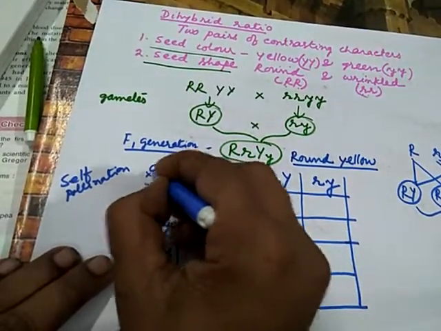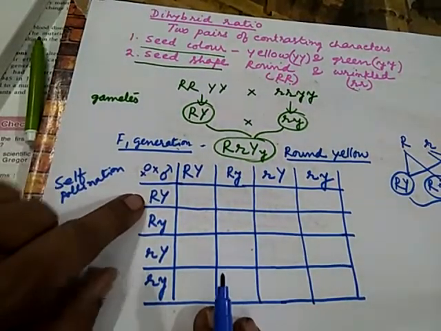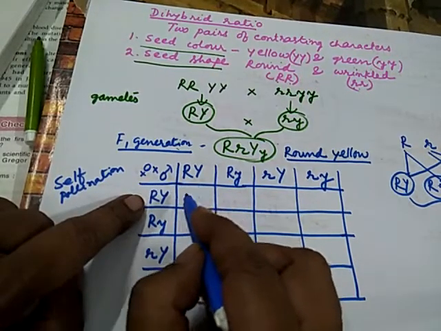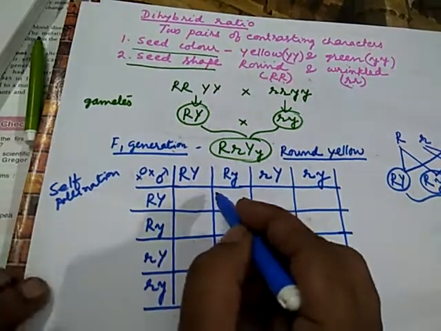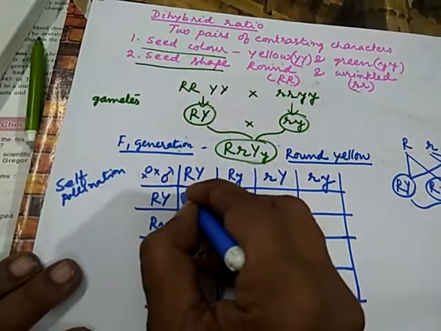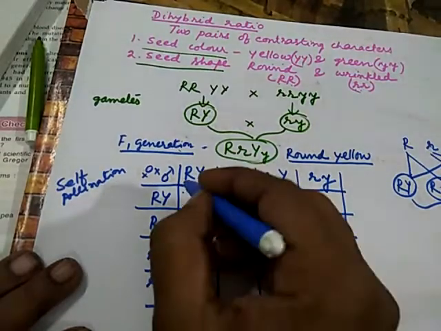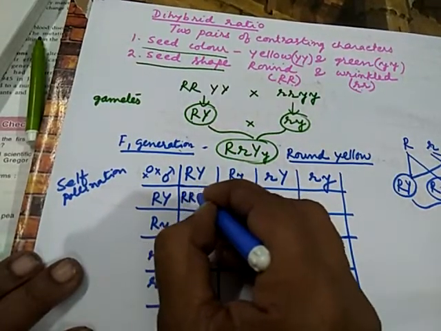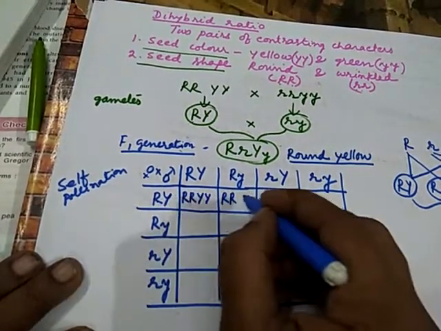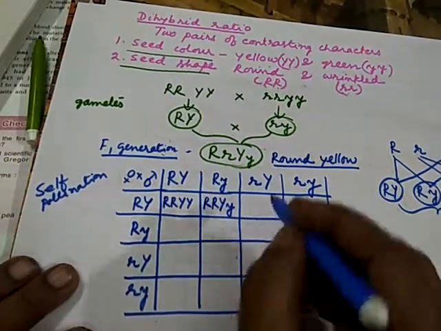Here, in filling the squares, the letter we always write first is R for round, then we write yellow. One is the shape, another is the color. So this gamete crossed with this gamete, we write the zygotes here, the hybrids. Here R, Y, all the capital letters come first, as those are dominant characters.